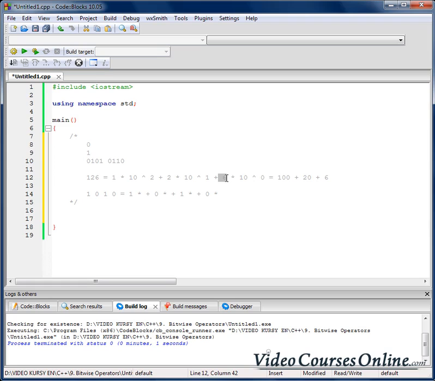Okay, and now we need to write what? We are using 10 here. Why 10? Because here we have decimal numbers, so we are counting to 10, right? 0, 1, 2, 3, 4, 5, 6, 7, 8, 9. And those are 10 numbers already.